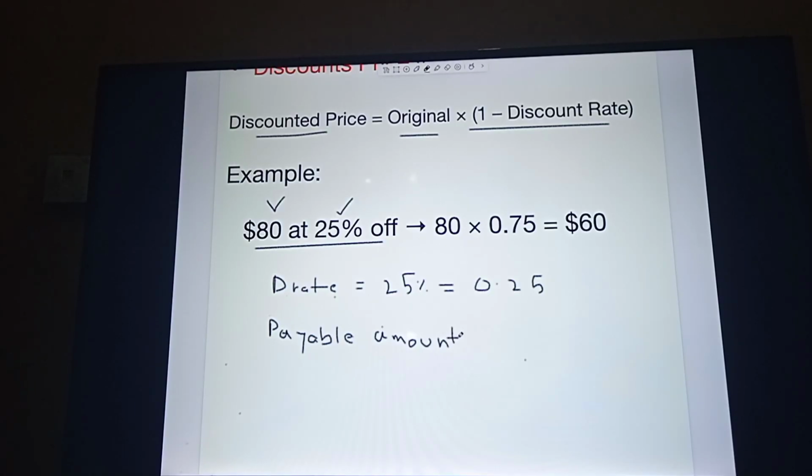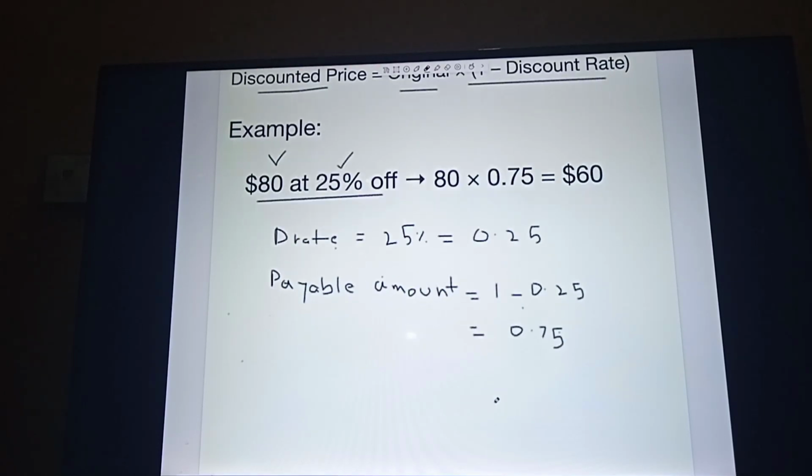There is 25% off. So 1 minus discount rate, 1 minus 0.25. So the resultant value is 0.75.